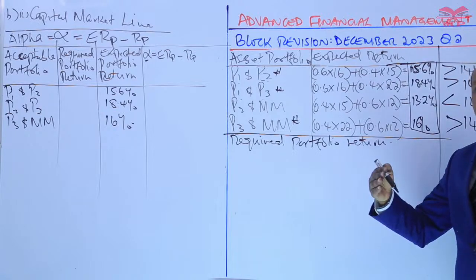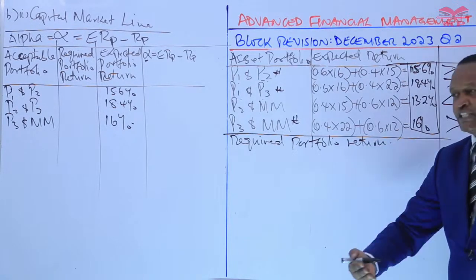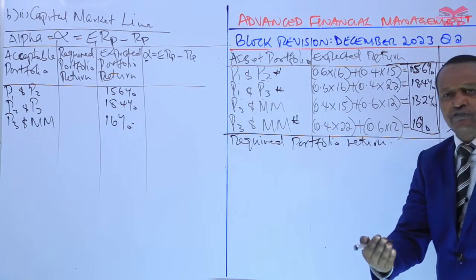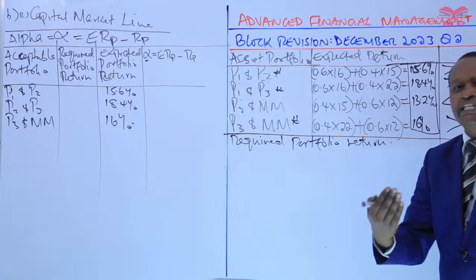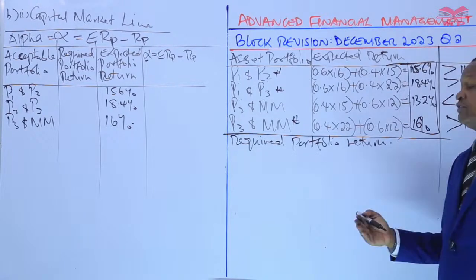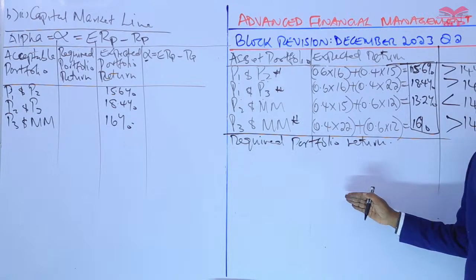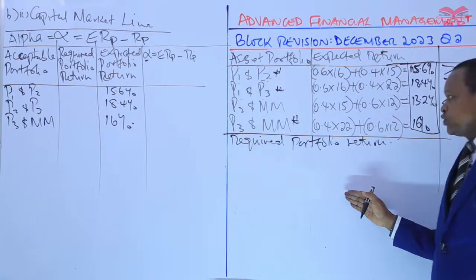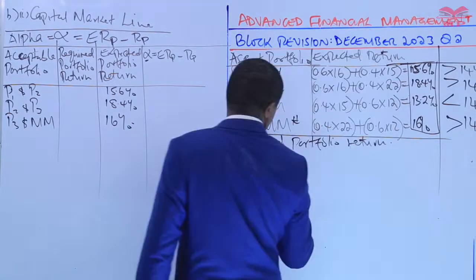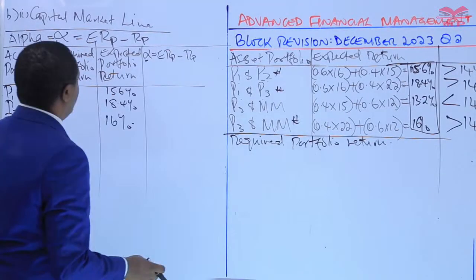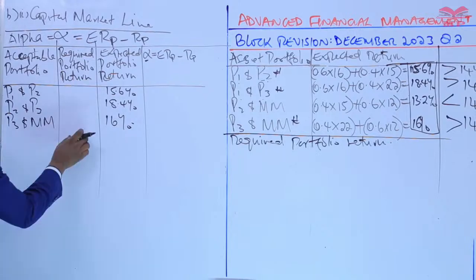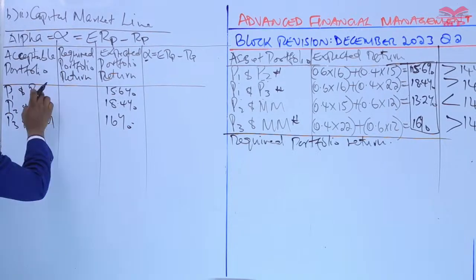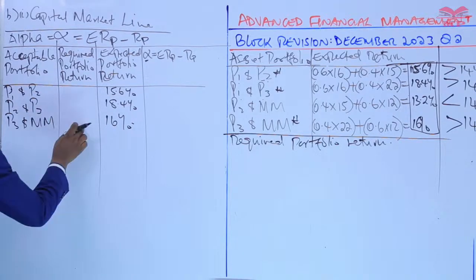In other words, it represents the level of return necessary to satisfy an investor's needs, aspirations, and financial obligations. So we are going to calculate the required rate of return, then we will plug it here for each portfolio. We are going to calculate for P1 and P2, P2 and P3, P3 and MM. We plug it here, then we'll calculate the alpha.